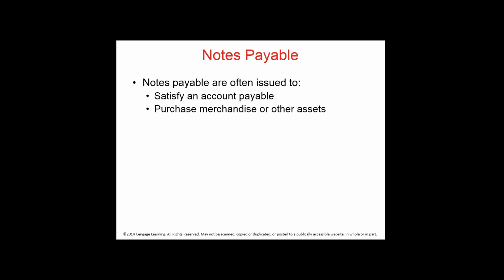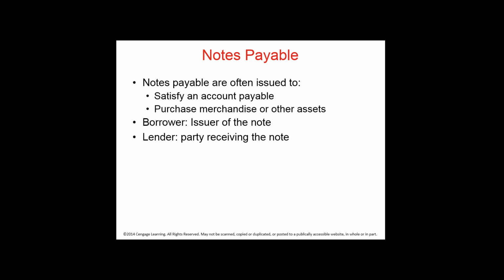Sometimes we may have an accounts payable that is such a large amount that paying it on its due date in 30 to 45 days may not be feasible. So we swap it out for a notes payable that gives us a longer period of time to pay. Or we may actually use a note to purchase some item or merchandise for resale or some other type of asset. We have the borrower and the lender.